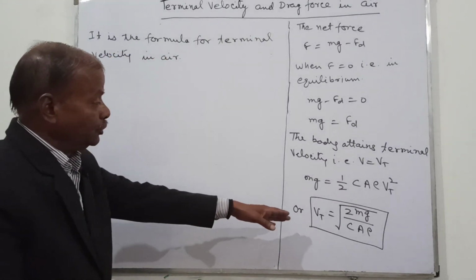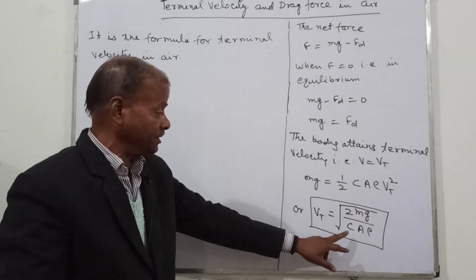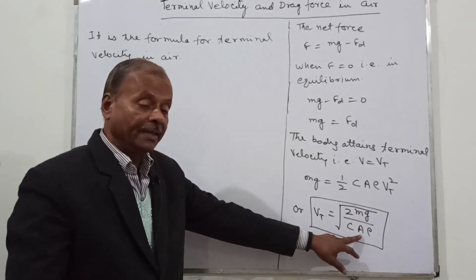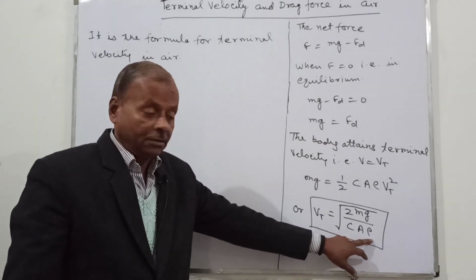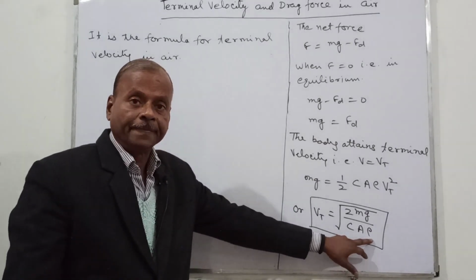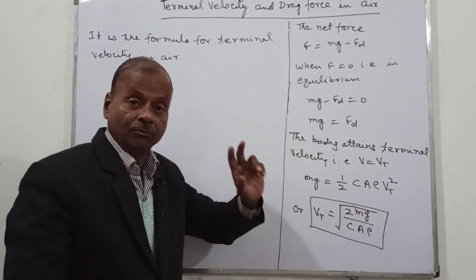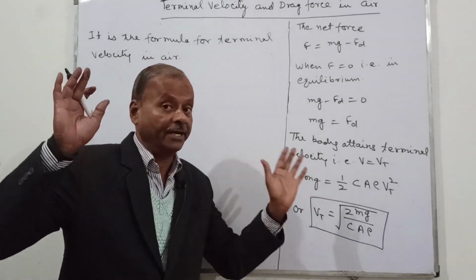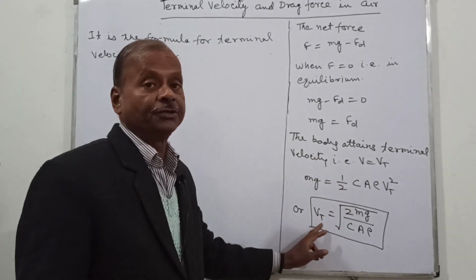Now you can see that this terminal velocity depends upon the mass, the gravitational acceleration, the drag coefficient, the cross-sectional area, and the density of the medium. As m is more, it means the heavier the body, the more will be the velocity.